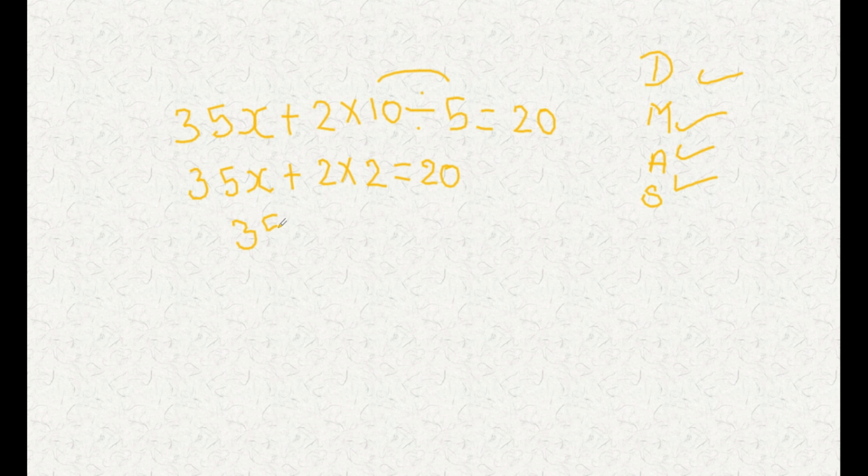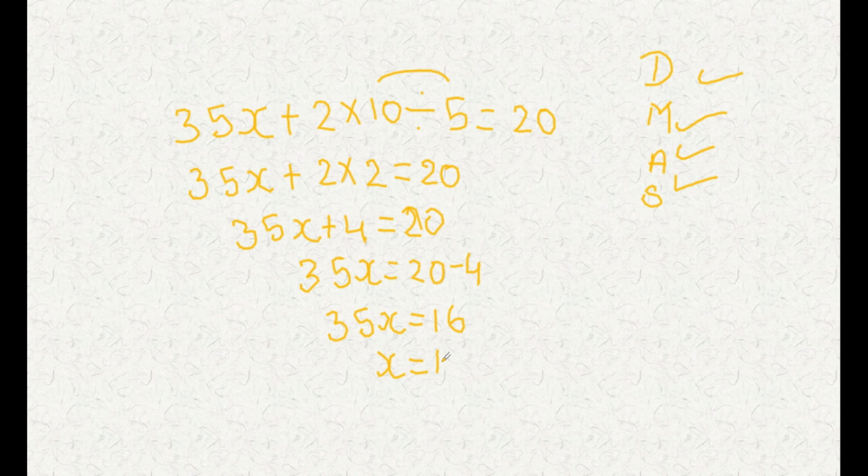Now 35x plus, next multiplication, it's 4 is equals to 20. 35x is equals to 20 minus 4. 35x is equals to 16. Then x is equals to 16 by 35. Always try to take your own questions from smaller quantity to larger quantity.